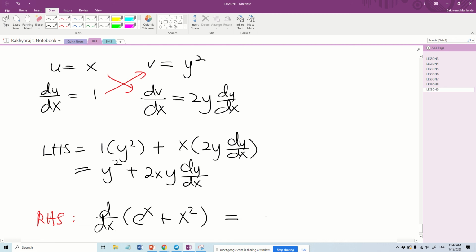Okay, exponent x differentiate dapat. Yes, correct. Dia akan dapat exponent x plus 2x. Very good. You get exponent x. When you differentiate exponent x, you dapat exponent x. When you differentiate x square, you dapat 2x.